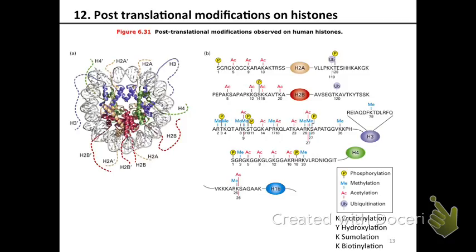And what we found is that the tails are where the modifications mostly occur, but there are also some modifications that can occur in the core region of the histones. Any questions about this? Does everyone understand what post-translational modification is?